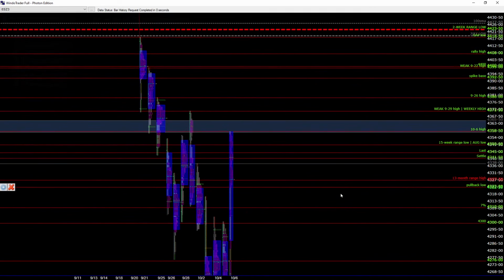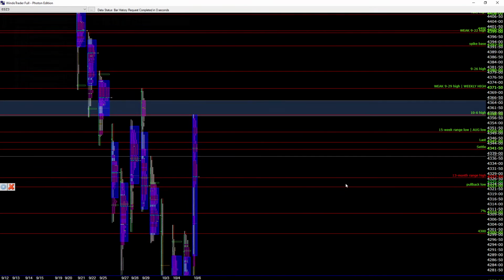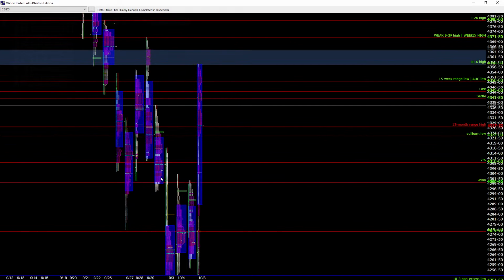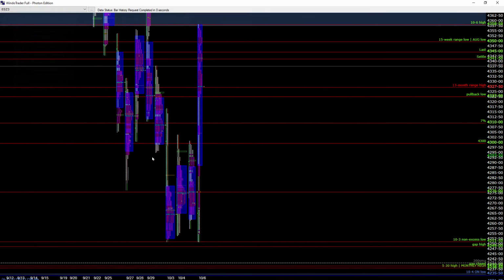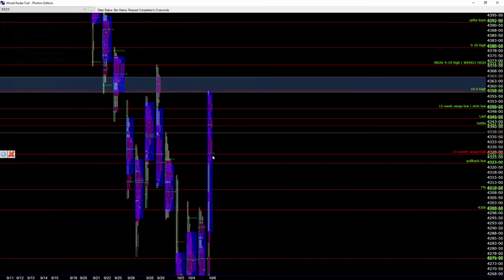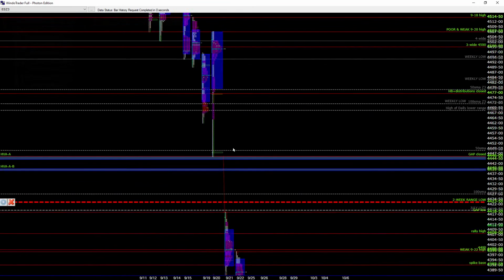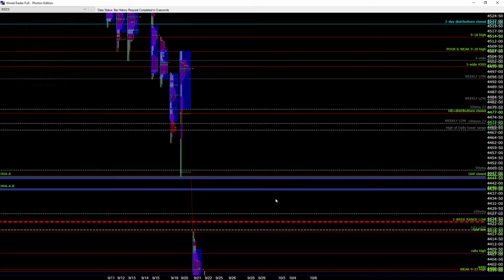I have marked this level as the high of the 13-month range. Notice how there was a lot of value being built below this range, and now the market is closing above the range. There's a huge amount of volume in these areas, and all these highs are very weak.